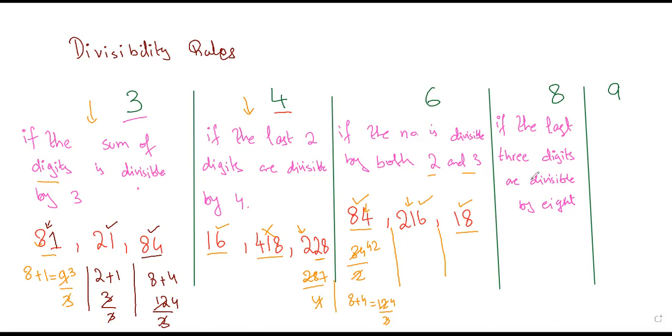What if we have 128, and what if we have 2144. Okay, let's talk about these two examples. Right now, when we talk about 128, they are saying we need to check the last three digits. Obviously in 128 we only have these three digits, 1, 2 and 8, and it is divisible by 8.